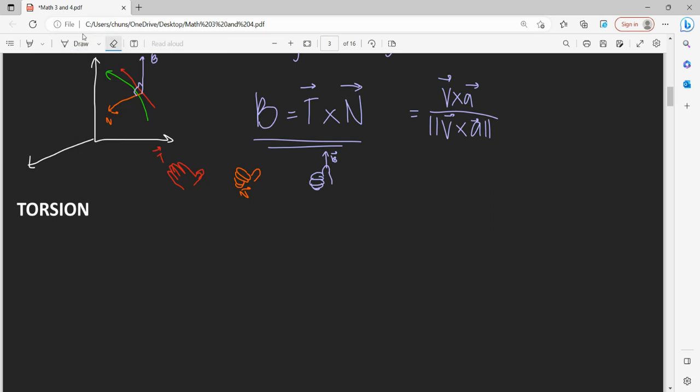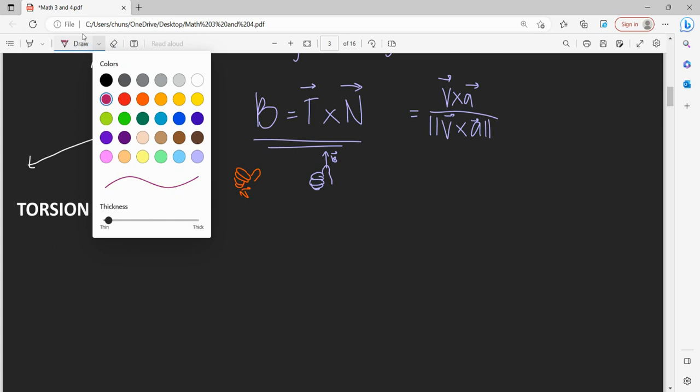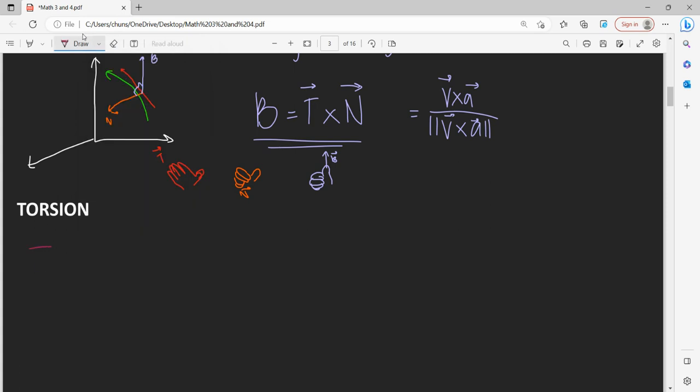Torsion is given by the Greek letter tau, and we represent this by v cross a, dotted with the derivative of our acceleration, over the magnitude of the cross product of velocity and acceleration. So torsion is basically how much it bends away from something.